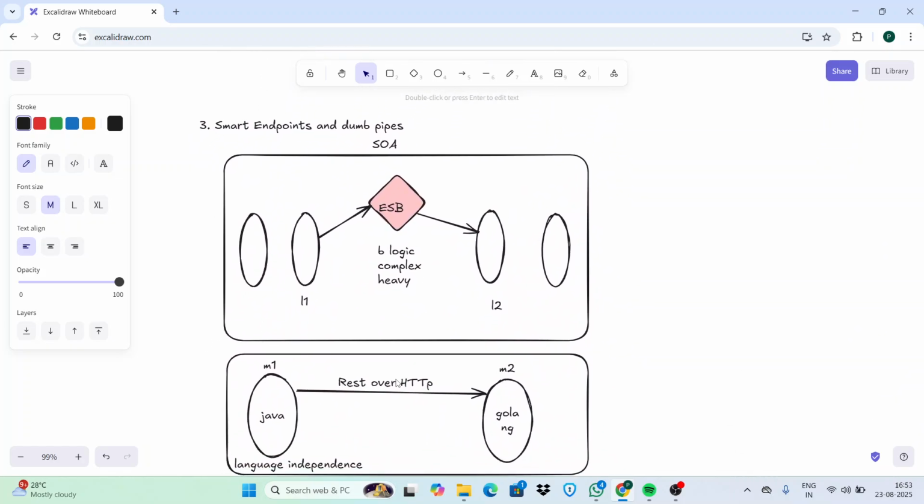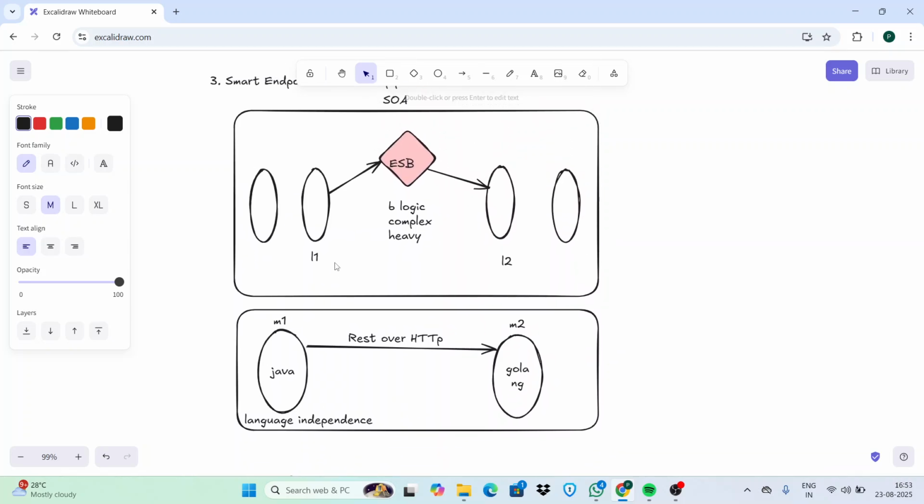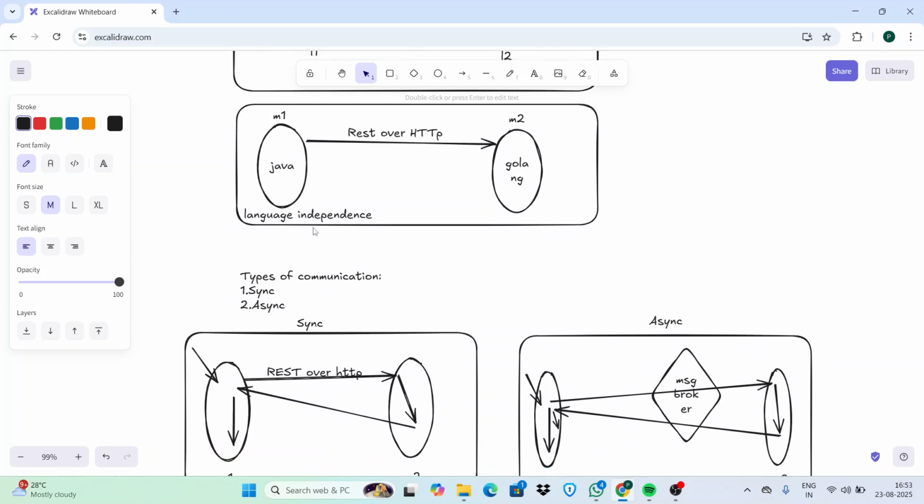Then the third principle is smart endpoints and dumb pipes. A smart endpoint is nothing but a microservice. The microservice should be capable of handling end-to-end functionalities, and the communication should be as dumb as possible.